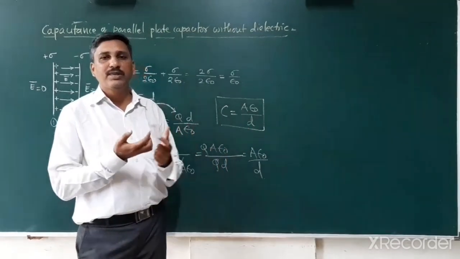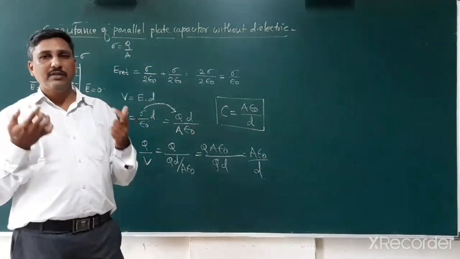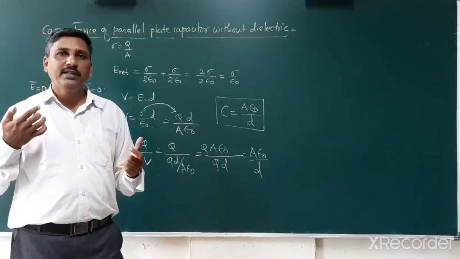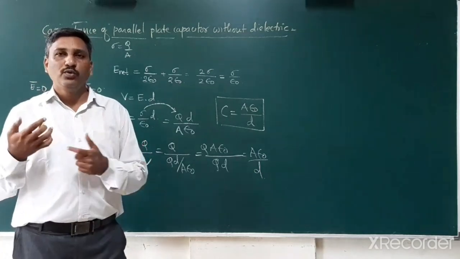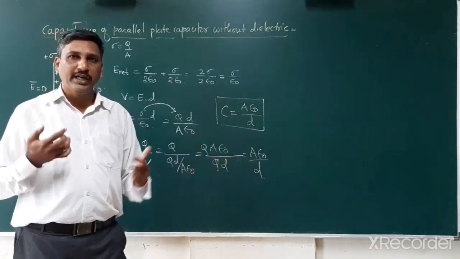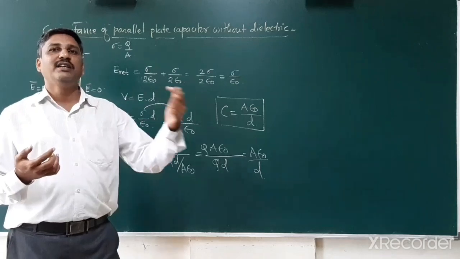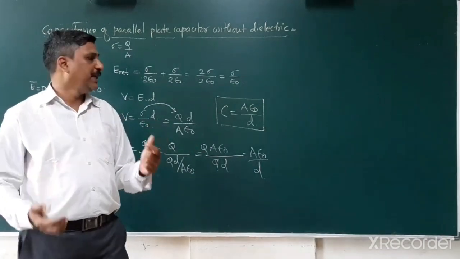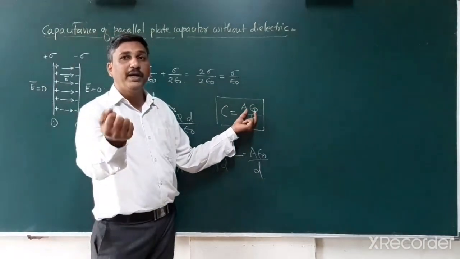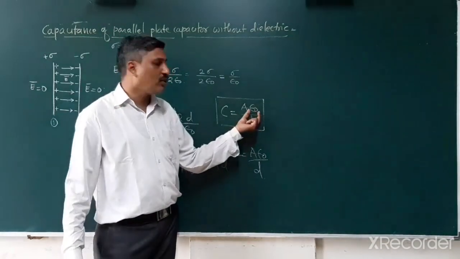The meaning of permittivity is very simple: how many lines of force that medium allows to pass from one point to another. It permits the lines of force to travel through the medium. That is permittivity. It is a property of the medium and depends on the nature of the medium.